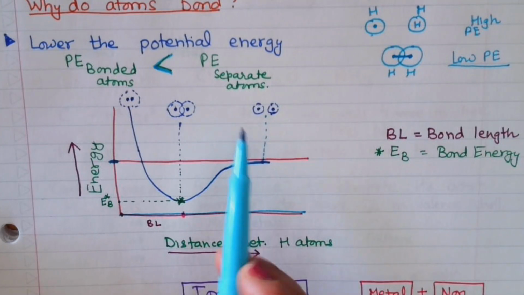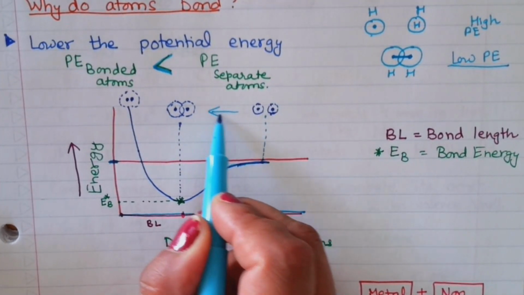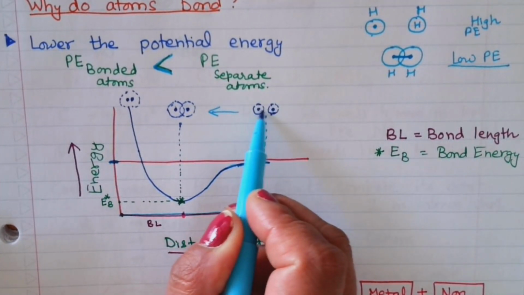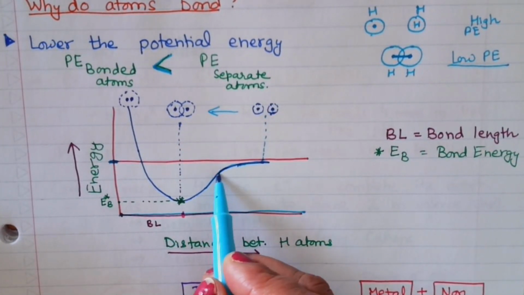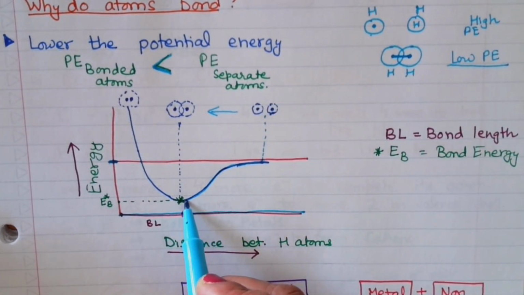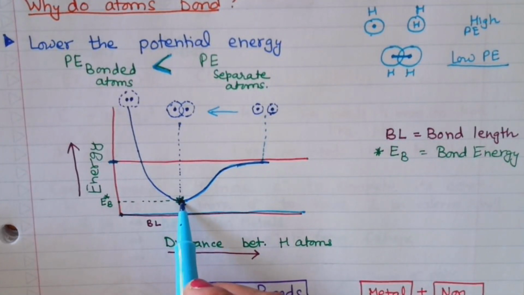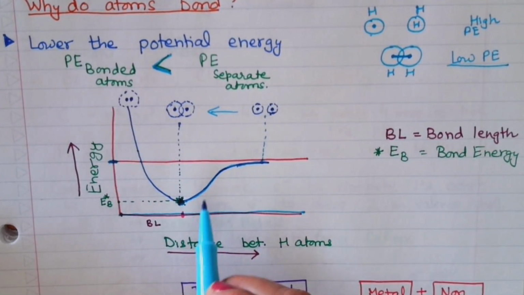As the atoms are coming closer and closer together, the distance between the two atoms is decreasing. Now when a particular distance is reached between the two atoms, at this point, this is the lowest energy in this curve, right?